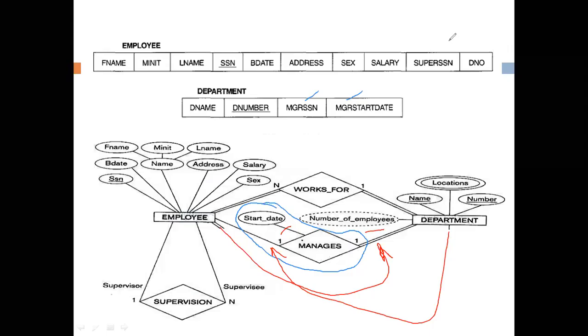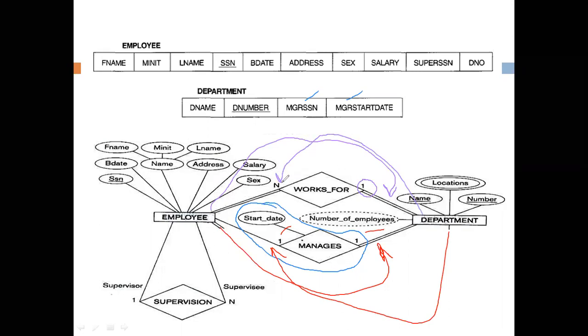Similarly, let us look at the works for relationship. One employee entity can work in how many departments? They can work in one department, so the number over here is 1. And one department can have how many employees?